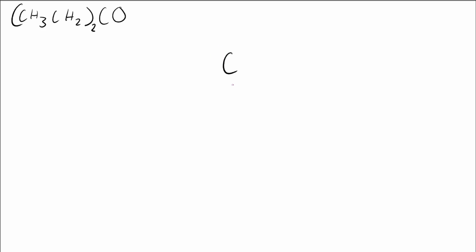So we have a carbon, and that is connected to an oxygen. And then we're going to have two things connected outwards. That carbon is going to have some H2, connected to another carbon that has 3 hydrogens.